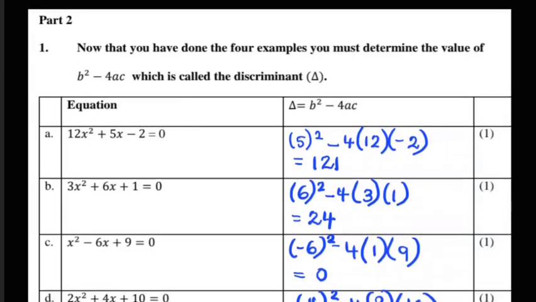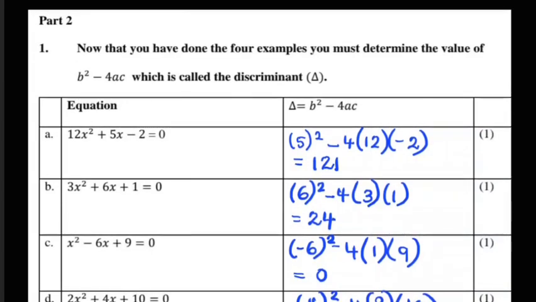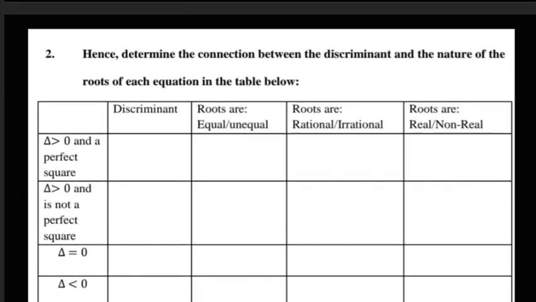Now part 2 had a question 1 and a question 2. Let's look at question 2. It says hence, and we know that in maths, whenever a question says hence, it means use your previous answer. Hence, determine the connection between the discriminant and the nature of roots of each equation in the table below.